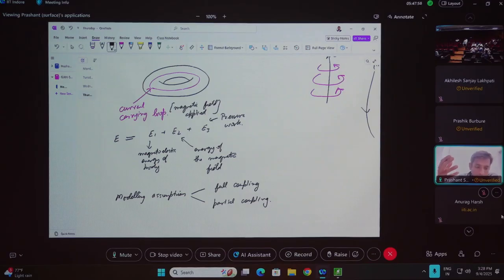Okay, so full coupling means that the magnetic field will cause some deformation in the body, but at the same time, the presence of this body, which is magnetized now, will influence the surrounding magnetic field.